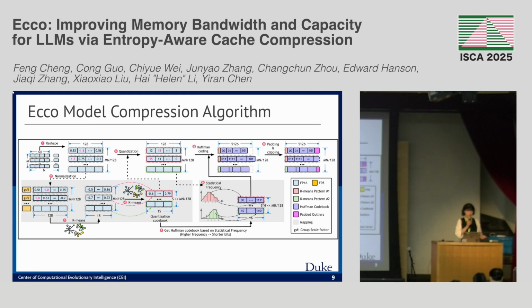Then the quantized values are assigned using the round-to-nearest algorithm, which generates a compact integer representation. At the end, we apply Huffman encoding to compress the frequent values into fewer bits, and then we pad and clip data to fixed 512-bit blocks.